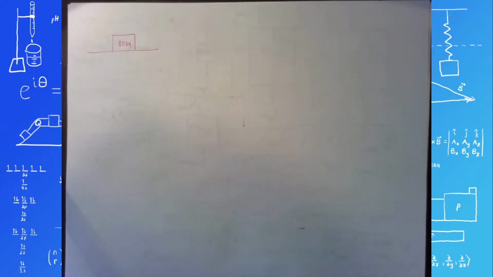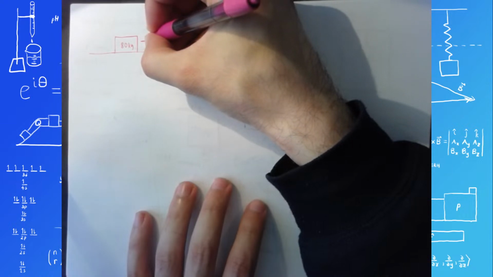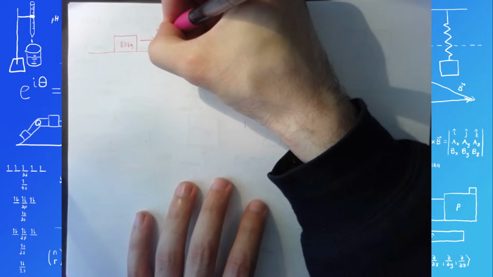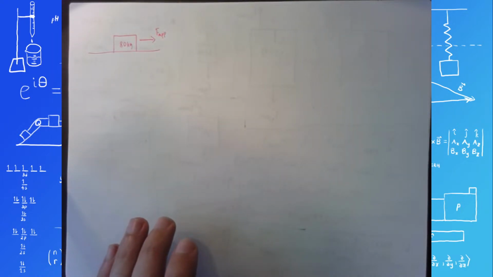Anyway, so we've got an 80 kilogram block being pushed to the right, so I guess I'll go ahead and actually draw my diagram here. There's going to be a force applied to the right, which is actually a normal force if you think about it.